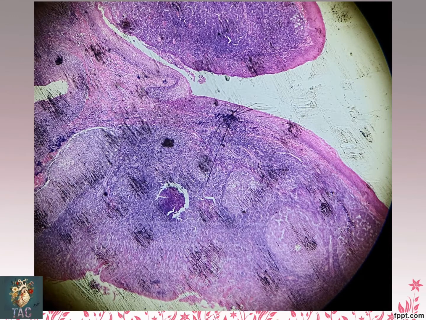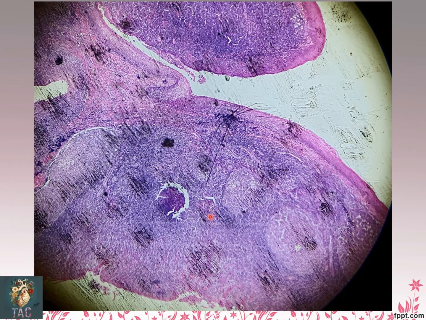This is the slide for the palatine tonsils, and in this slide you can see this outer area is the epithelium. This is the clue to identify that this epithelium is stratified squamous. So in palatine tonsils, epithelium is stratified squamous. Second, you should know this is the crypta magna, which is another identification point for your slide.